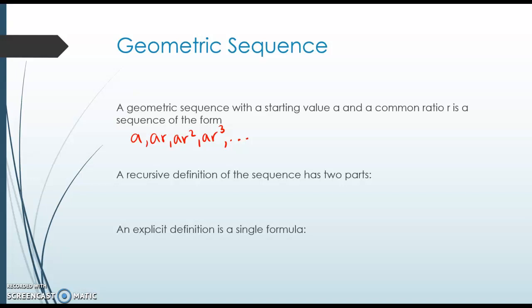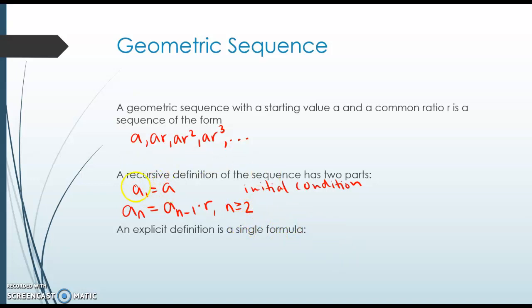Now, a recursive definition of the sequence has two parts. We have to say what the first term is, so A sub 1, and what it equals. We're going to call that A. So this is the initial condition. And then from there we can create what we call the recursive piece, which is A sub n equals A sub n minus 1 times R. And this is for any n that is greater than or equal to 2.